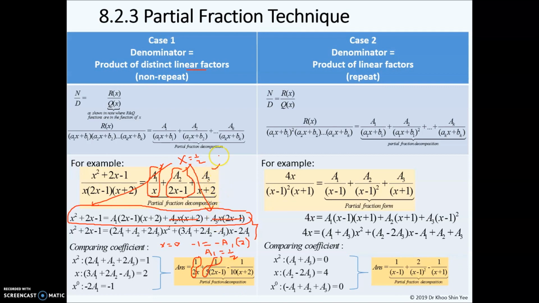Lastly, for a3, you substitute x equal to -2 based on this factor. Once you substitute, you should get a3 equal to -1 over 10. So this is another alternative to find the constants instead of deriving. Both methods are acceptable in this study.